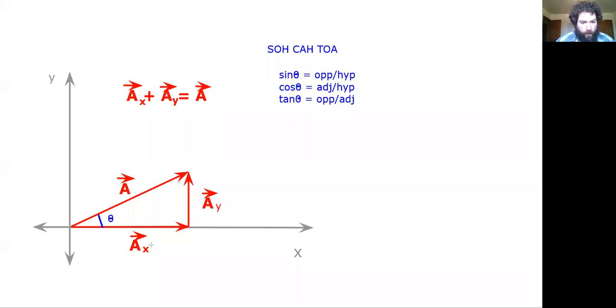Since this angle is adjacent to AX and we know what A is, then AX is going to equal A cosine theta.